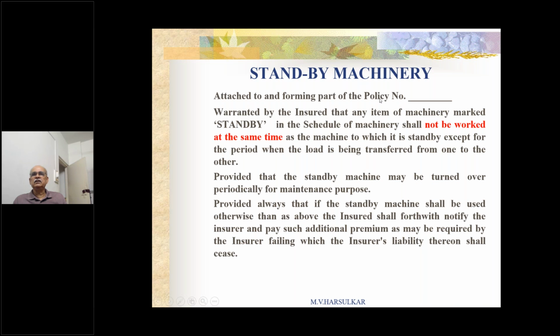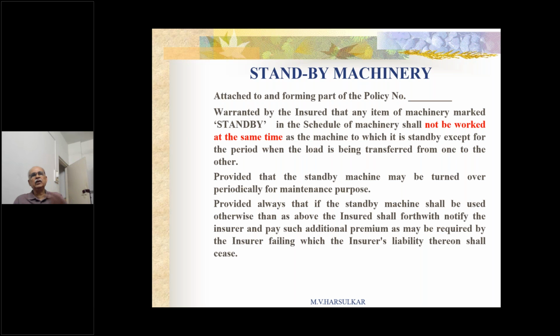Then standby machine. As I told you, only one machine will be working at a time. If that machine is damaged, only then will they replace it with the other machine. Standby is very common in electric motors. They have same capacity motors stored in their stores. If one motor has a problem or is damaged, they will replace it with the other motor.